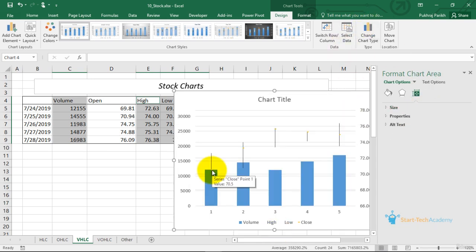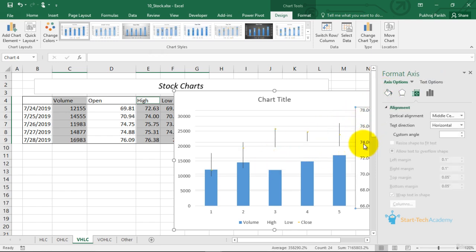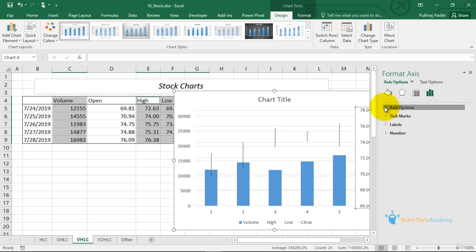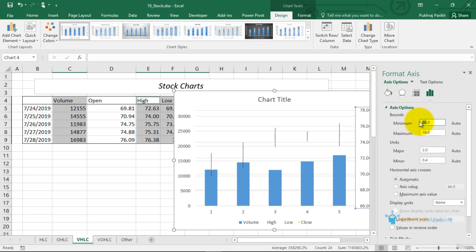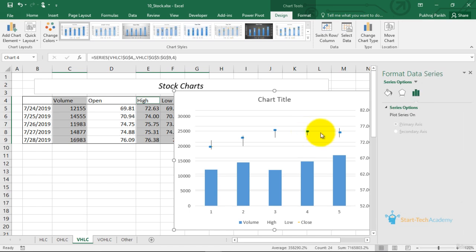Now you can clearly see the amount of stock traded and the price fluctuation during the day. If you want to further remove this overlap, you can change the scale as you wish. So I am changing the secondary scale here. Now you can see that the 2 charts are separated and you can clearly see both of these charts.